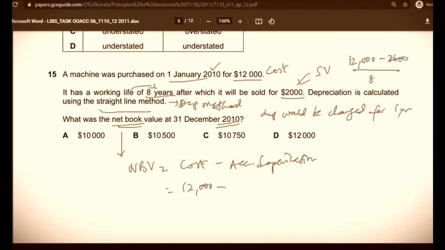So 12,000 minus 2,000 is 10,000. 10,000 over 8 would give me 1250. So that would be my depreciation expense, 1250. So 12,000 minus 1250 would give me an answer of 10,750. So the answer to multiple choice 15 would be option C.